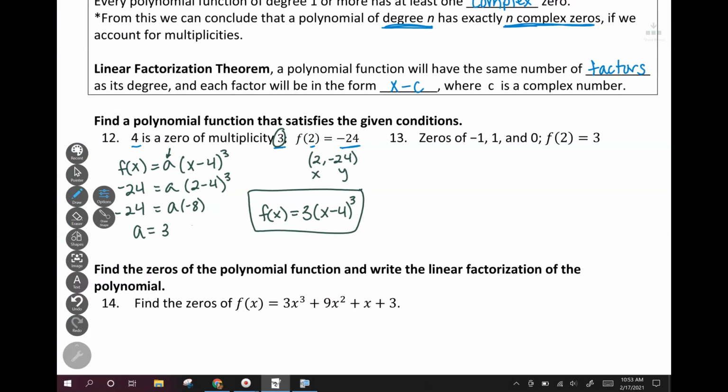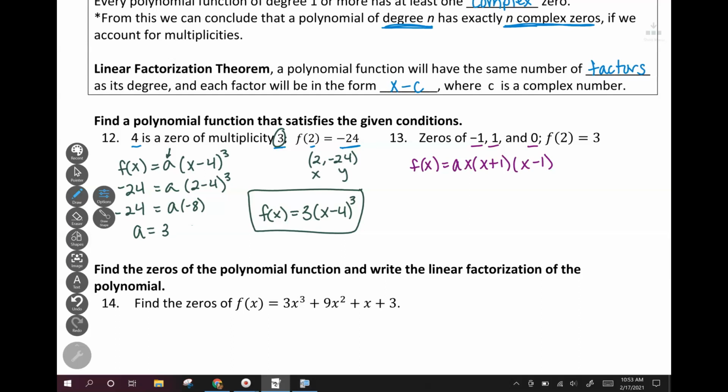All right, number 13. This one has zeros of negative 1, 1, and 0. So again, I don't know my coefficient, but I've got x plus 1, x minus 1, and then x minus 0. Which is just x. And so we usually write that x in the front. So I'm going to put a x there.